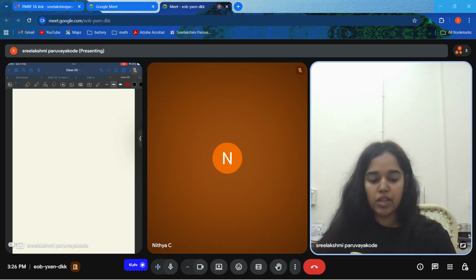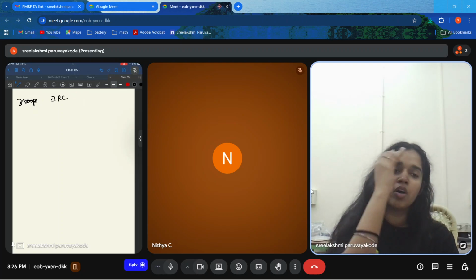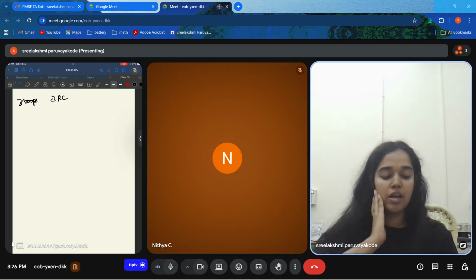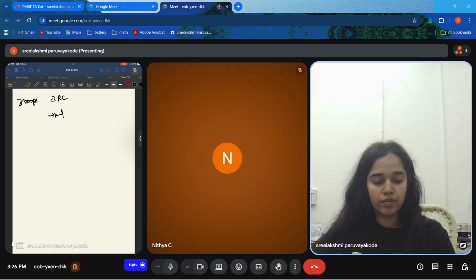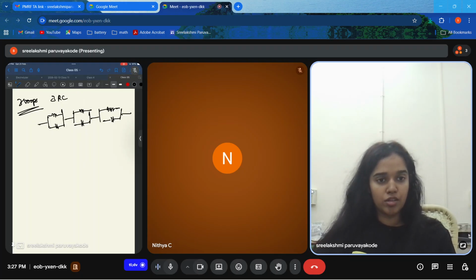Now let us go to a case when there are three loops. Again, if you have three loops, we need three RC elements. So either three Voigt RC, or you can go for Maxwell, where you have, okay, I'll draw. You can go for Voigt like this, or if I have three loops, it means three RC circuits.